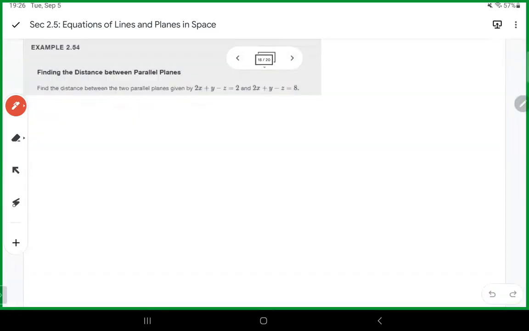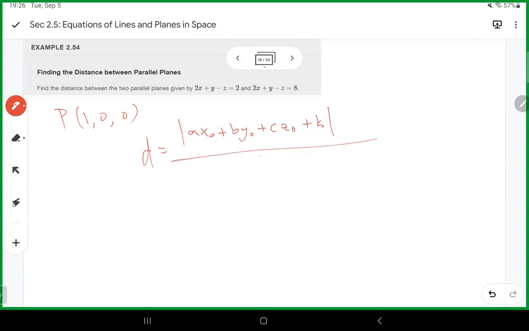All right, so our point is 1, 0, 0. Okay. And it lies in the first plane. So the distance then is the absolute value of a x sub 0 plus b y sub 0 plus c z sub 0 plus k over the square root of a squared plus b squared plus c squared.